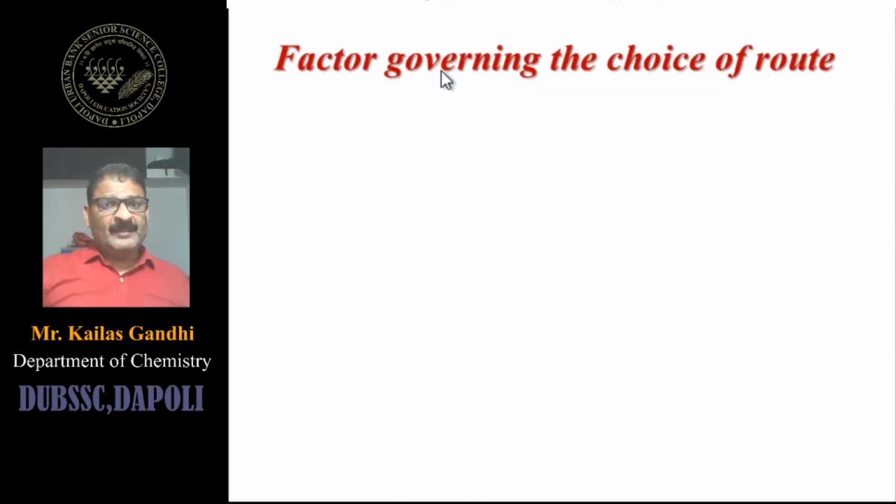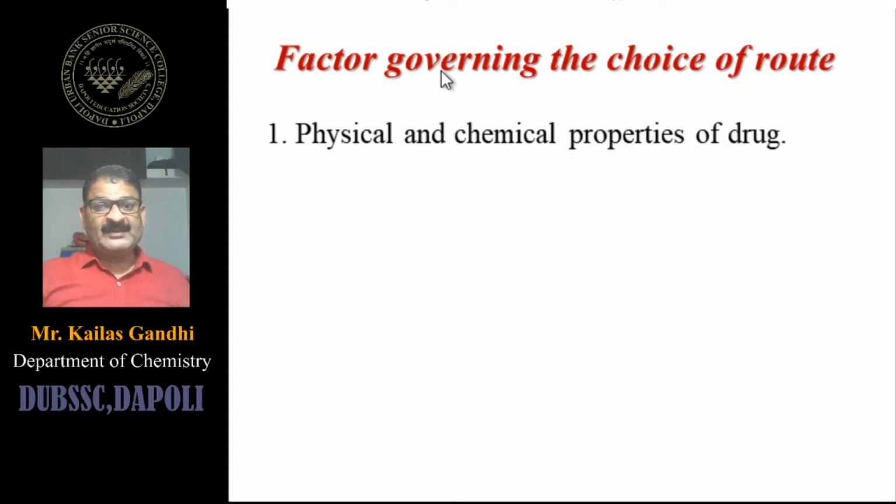There are many factors which govern the choice of the route. The first factor is the physical and chemical properties of the drug, whether the drug is a solid, liquid or gas, the solubility of the drug, the pH of the drug, and factors like irritability, meaning it has a bitter taste or an irritating odor.